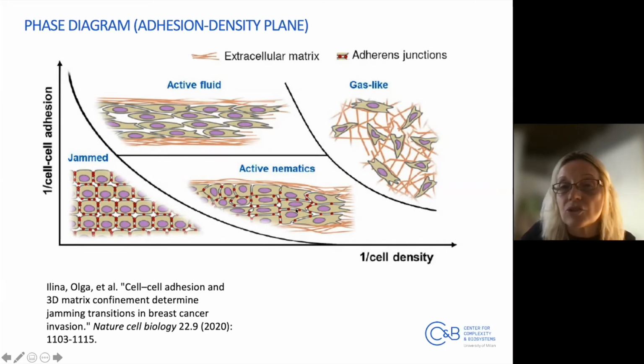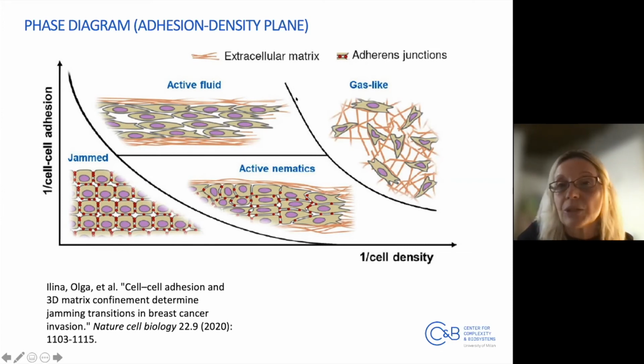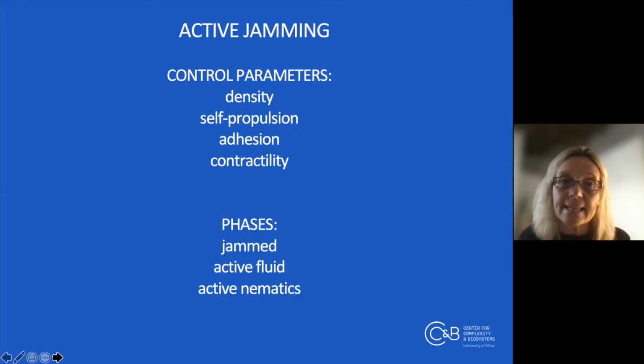In this case there are adhesions, but the system is not turbulent and the flow is parallel. In an active fluid, you have no adherens junctions and the system appears more turbulent. So we propose this phase diagram. In this case, we have the possibility to use these parameters, density, cell propulsion, adhesion, and contractility, to tune the phase from jammed to active fluid or active nematics.